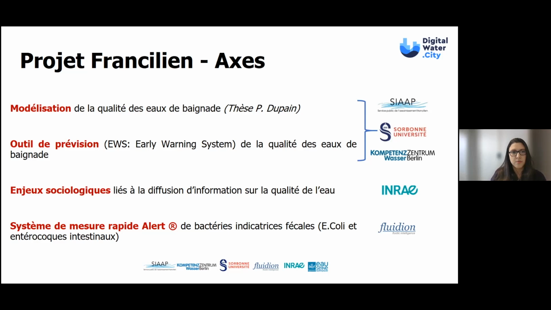Then the EWS is an early warning system for the quality of bathing water, developed by Berlin, which will be calibrated for the Paris region. And we work with the INRAE as well. They study the sociological issues associated with the dissemination of information on water quality to the local population.